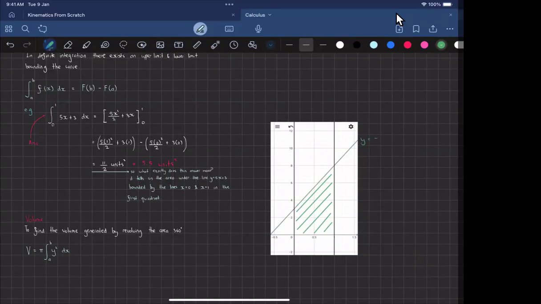So this is y is equal to 5x plus 3, this over here is x is equal to 1, and this over here is x is equal to 0. I want you to copy down that diagram real quick.